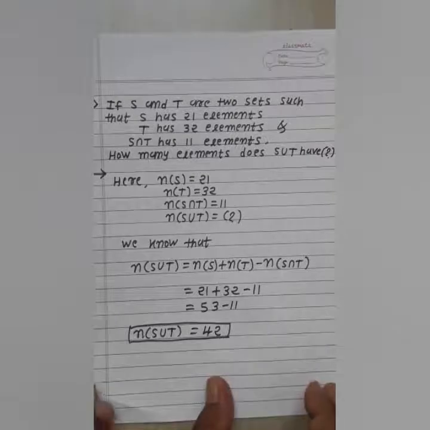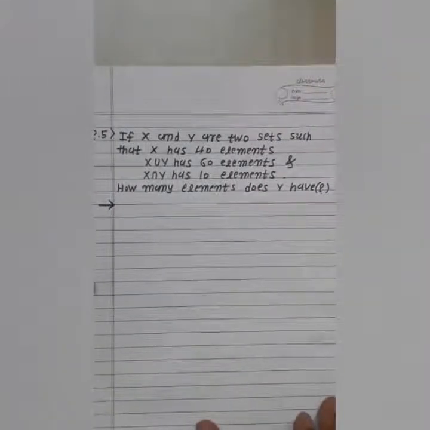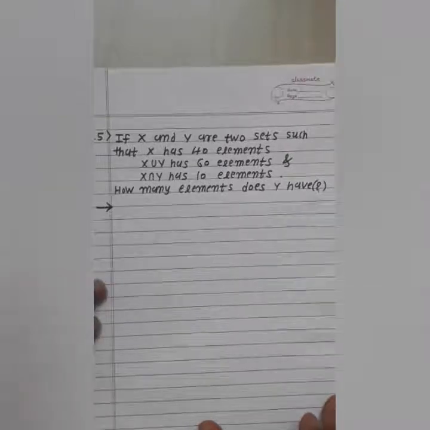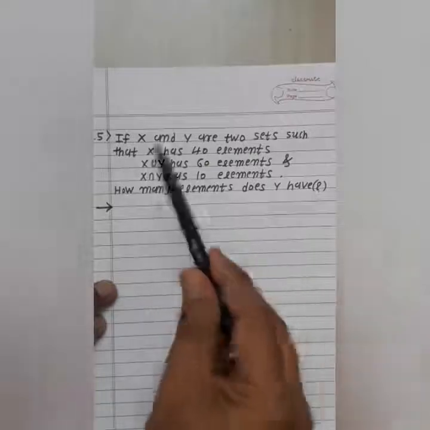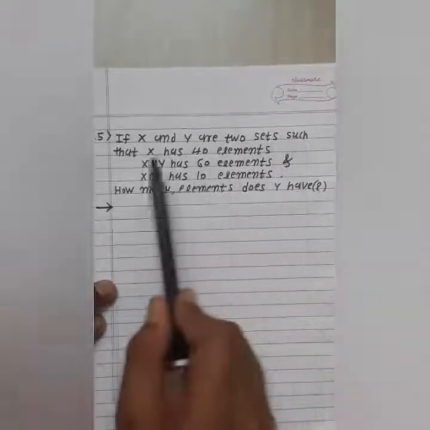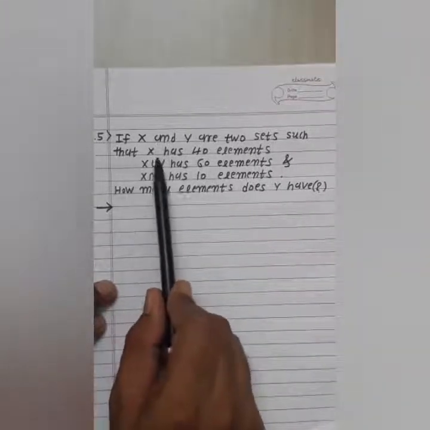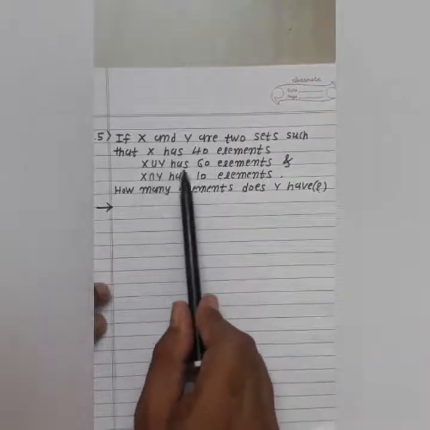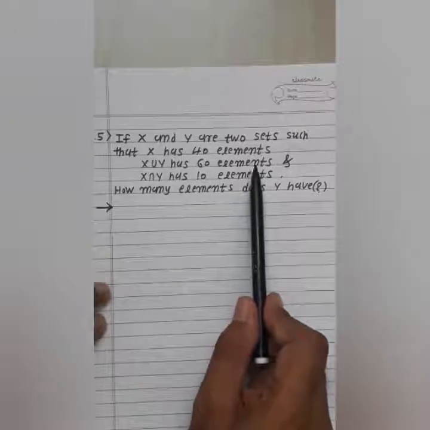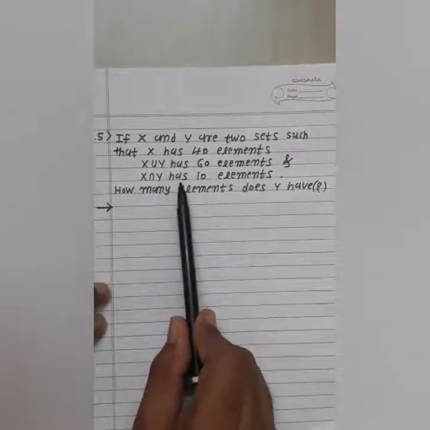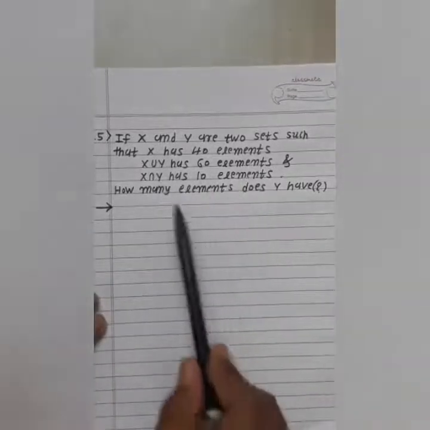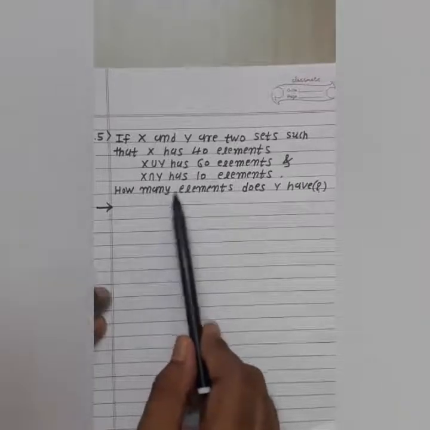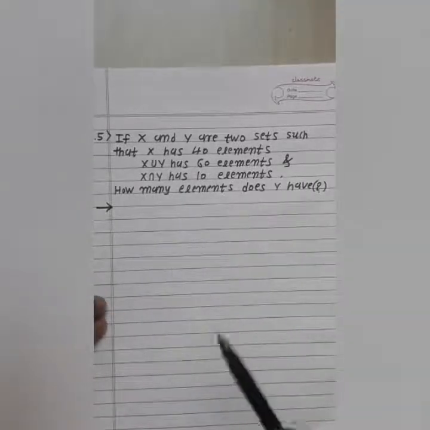Now next question, question number 5. Again here data is given, and again two sets are present. If x and y are two sets such that x has 40 elements, x union y has 60 elements, and x intersection y has 10 elements, how many elements does y have?